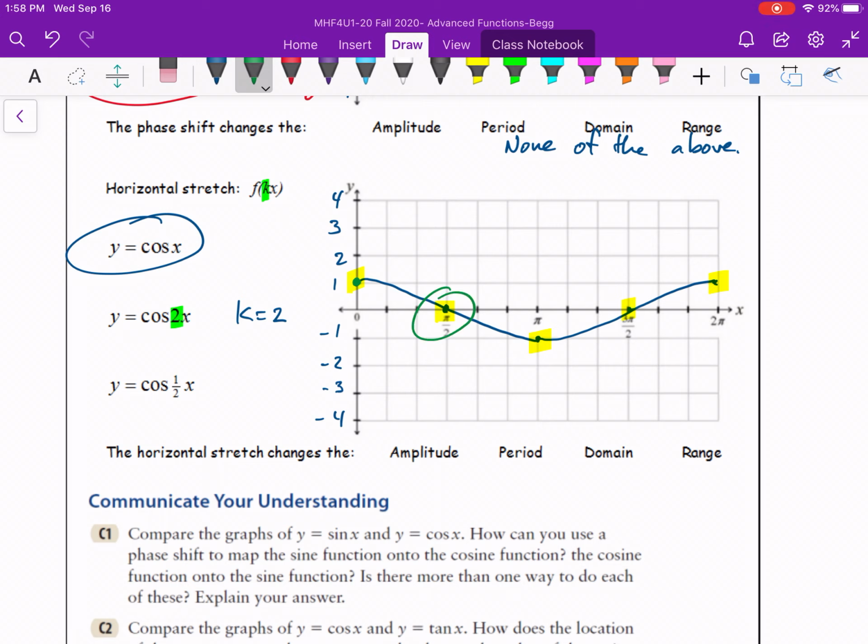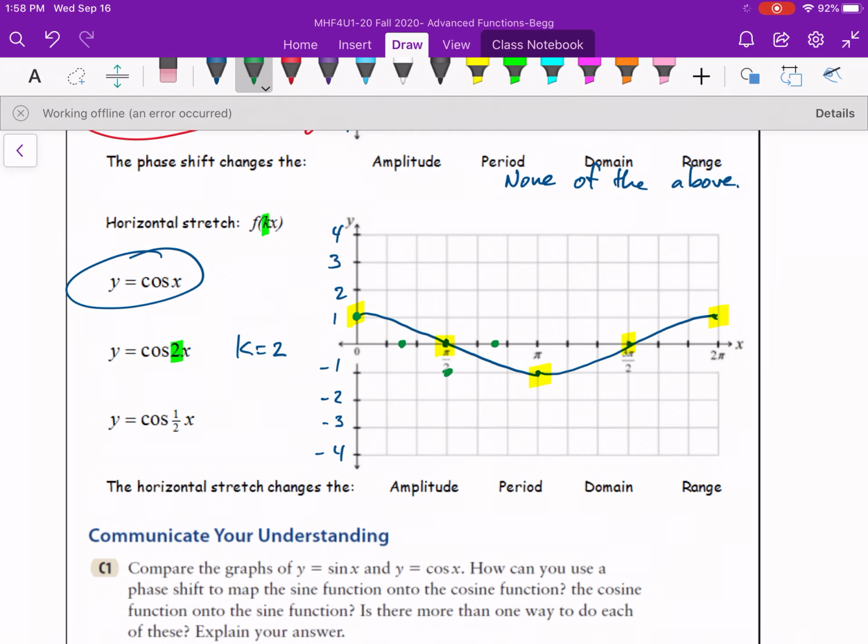This one, I've got to go halfway back to the y-axis. So visually, that's going to be right here. This one, halfway back to the y-axis, takes me to here. And I just keep doing that. Oops, too high. Wrong place, I'll get it. There it is. Okay, connect the dots.